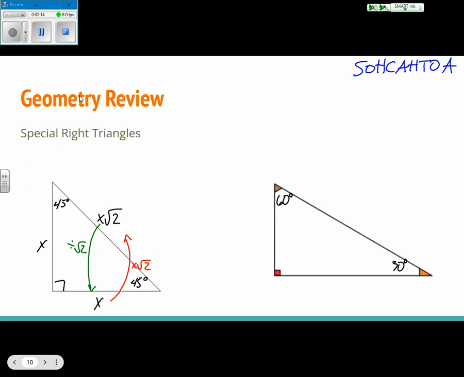Okay, so on a 30, 60, 90 triangle, we only have one side that is the shortest. In order to go from the short leg to the hypotenuse on this one, I just need to multiply it by 2. It's going to be twice as long.